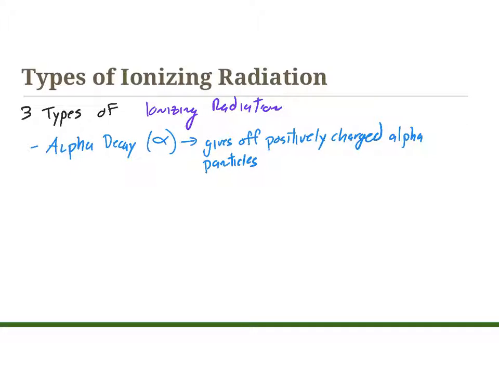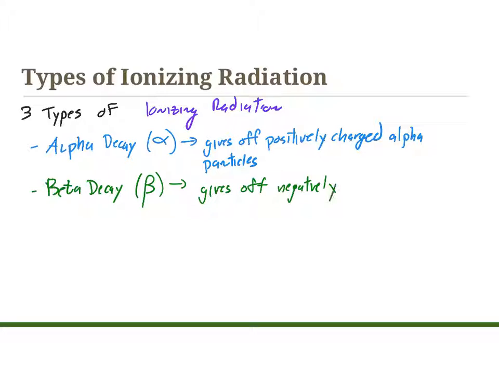And then we would have beta decay, and the symbol for that is like a bee with a tail on it like that. And beta decay gives off negatively charged electrons.